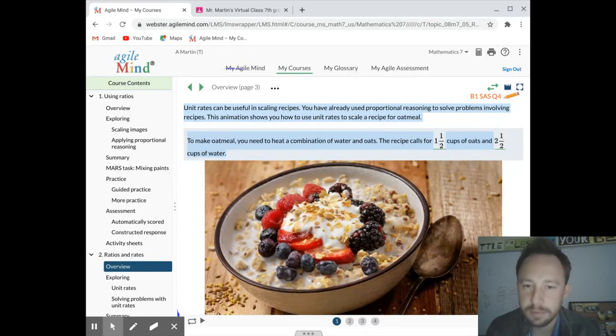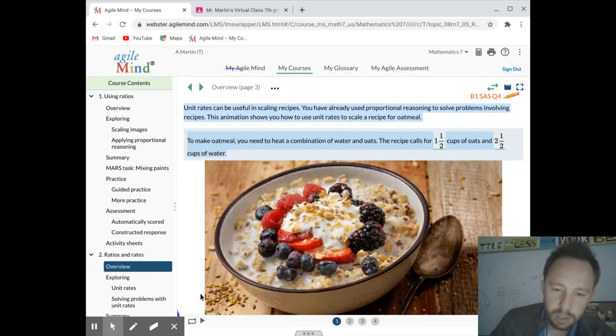This animation shows you how to use unit rates to scale a recipe for oatmeal. To make oatmeal, you need to heat a combination of water and oats. The recipe calls for 1½ cups of oats and 2½ cups of water.